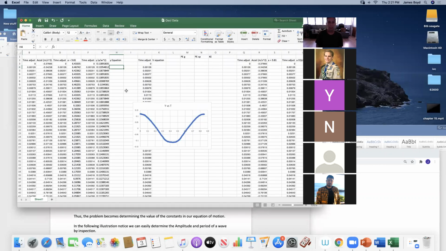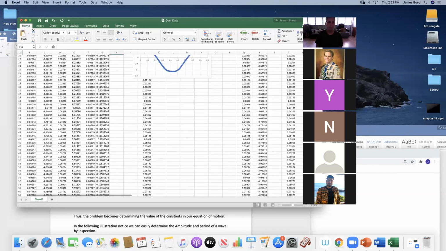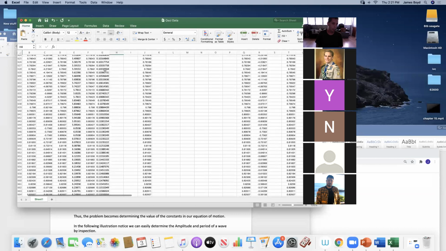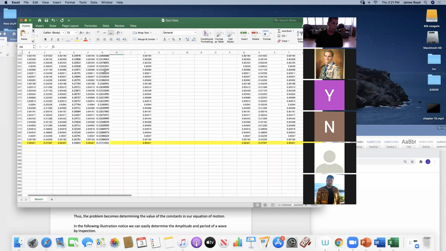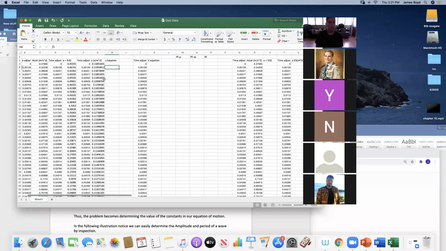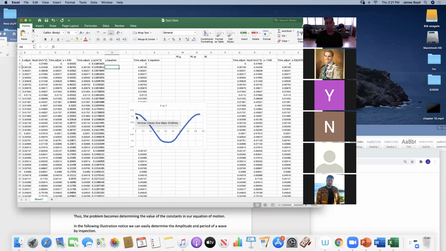You can take this to be your maximum amplitude, if you want. We're going to assume 0.1189. Let's see what it is at the end. It's about 0.117. So let's call it 0.118 is our amplitude here.